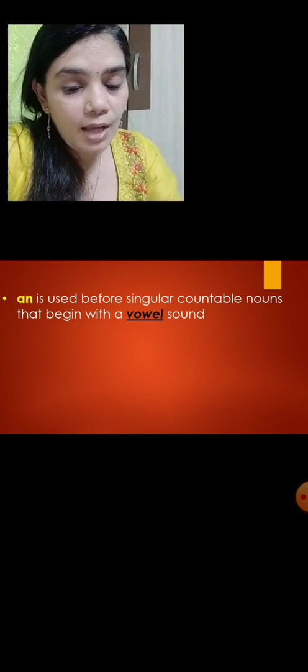So we know the alphabets A, B, C, D to Z. In those alphabets, we have some special alphabets, that is A, E, I, O, U. These five alphabets are called vowels. This we have already learned.